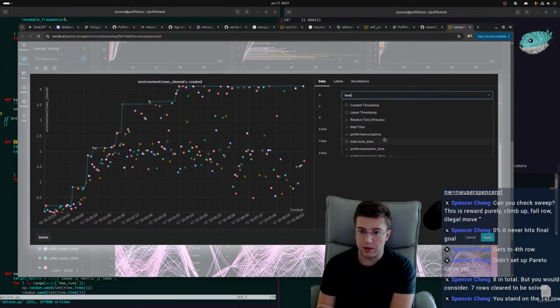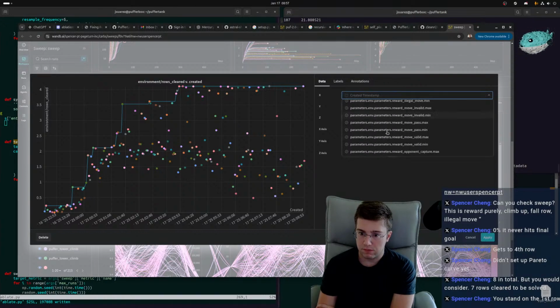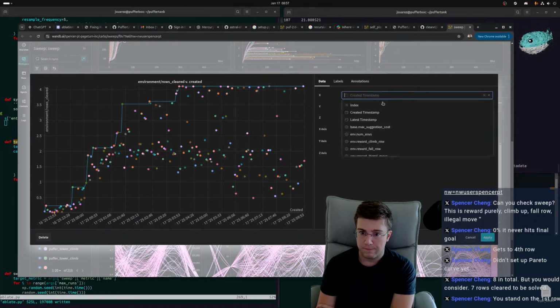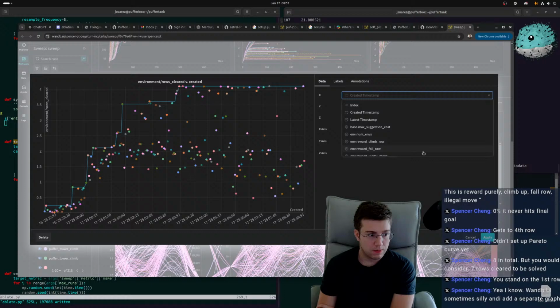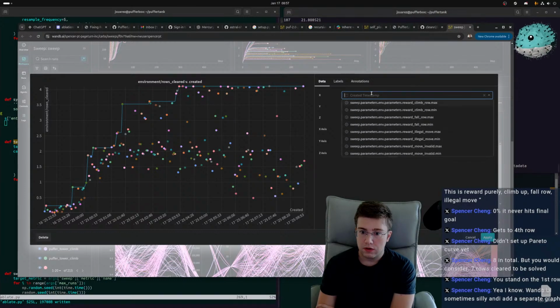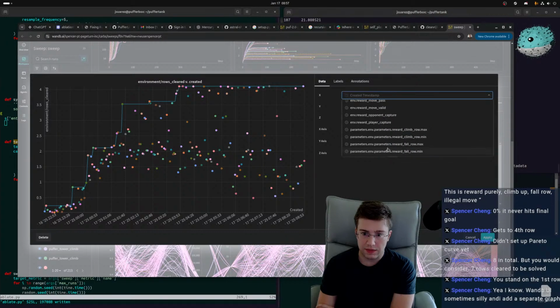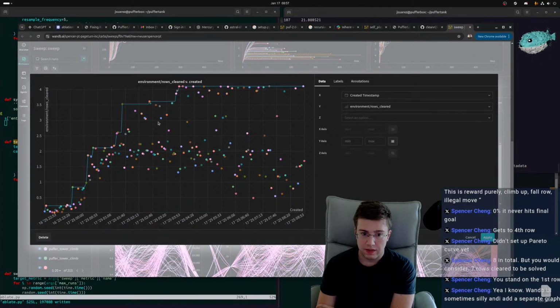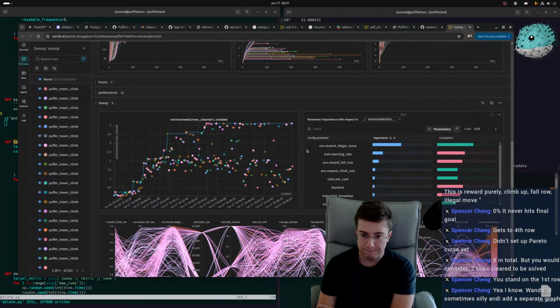God damn it, Wandb. So their UI is broken. So literally all you gotta do is click that thing. It's not working on mine, but that will give you the Pareto front.